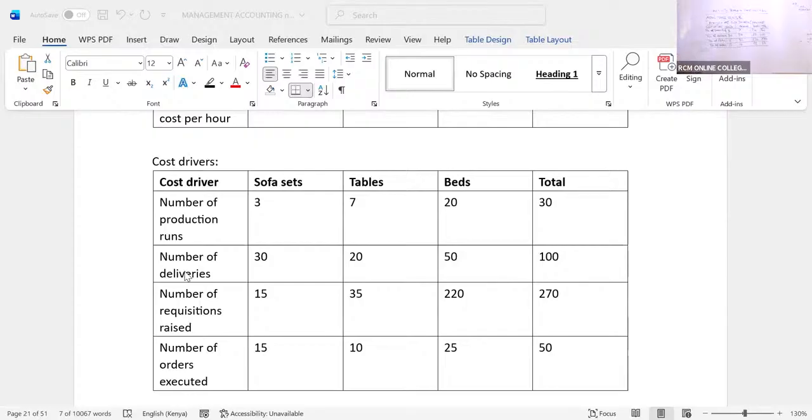And then, of course, there may be other additional cost drivers, most probably machine hours, labor hours. For you to see whether there are additional cost drivers, go back to the overhead items that you are given.